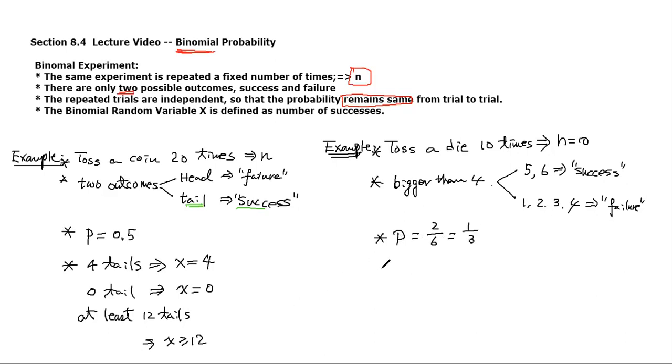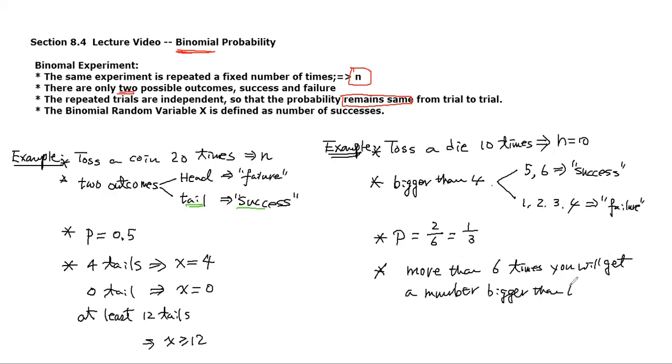Then you can define your random variable, right? For example, if you are interested in getting a number bigger than 4 more than 6 times out of the 10 tosses, then what is your random variable here?